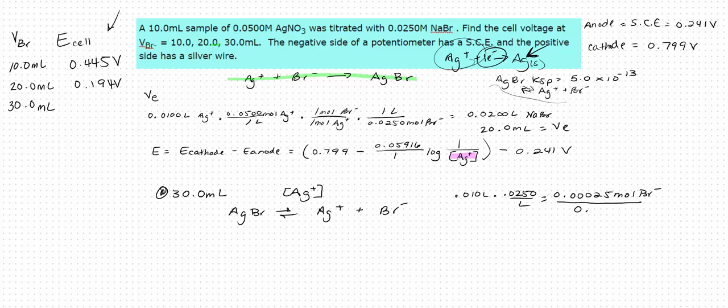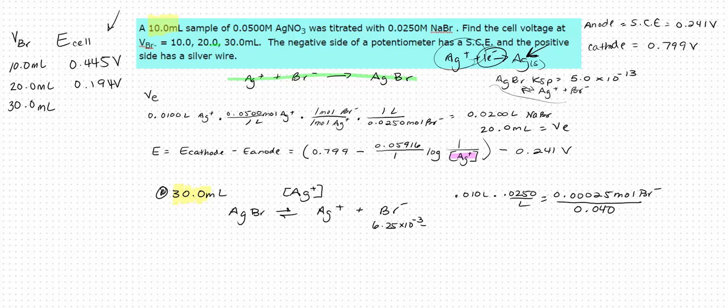So we get those 40 milliliters by taking the 10 milliliters here and adding it to the 30 milliliters here. That's how we get our total volume, 0.040 liters. So the concentration of our bromide is then 6.25 times 10 to the negative third.